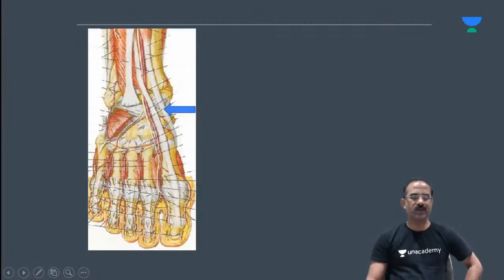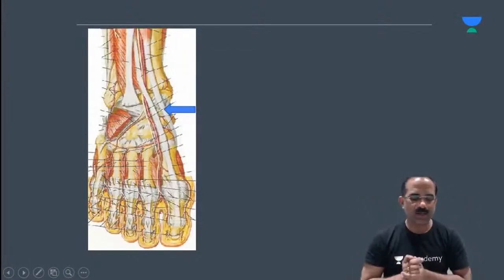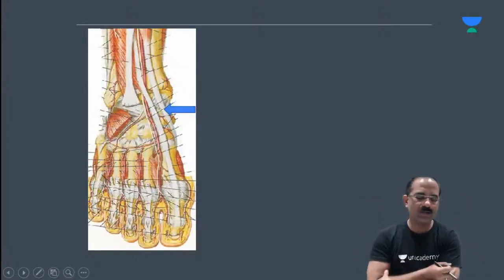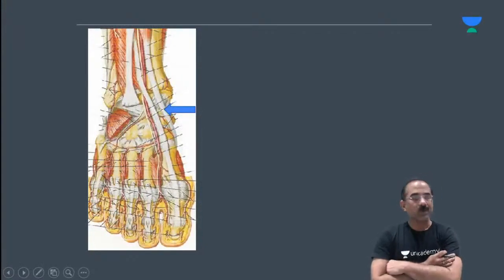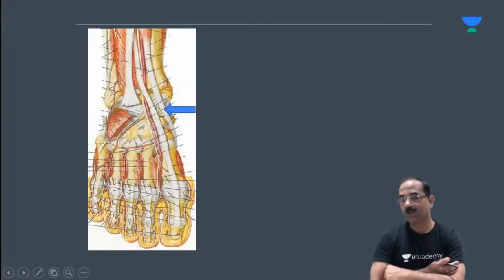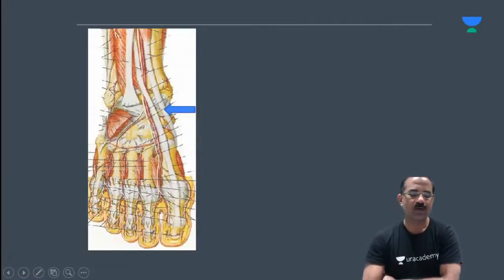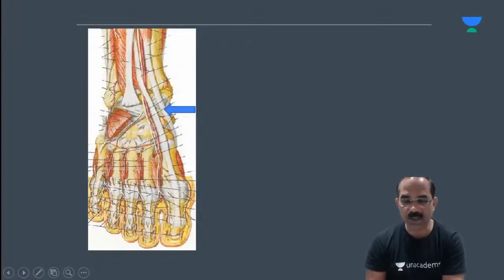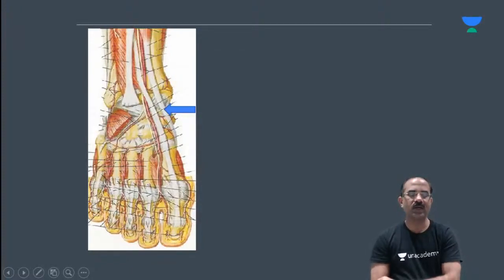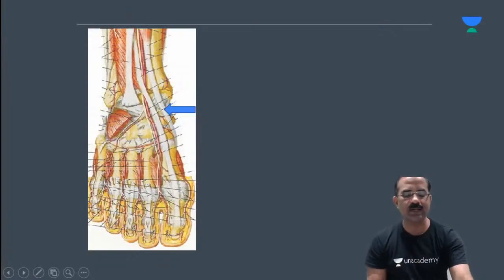Yes, very good, you're very interactive. No, it's not the superficial peroneal nerve. Superficial peroneal is the nerve of the lateral compartment of the leg. The nerve of the anterior compartment is the deep peroneal nerve.